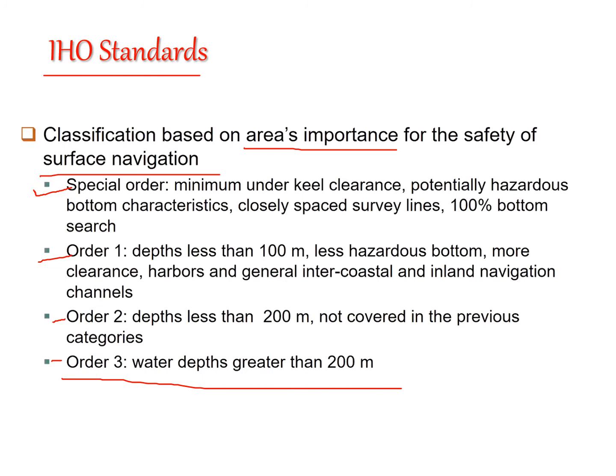Order 2 is depth less than 200 meters, without specific categories. Order 1 is depth less than 100 meters, with less hazardous bottom and more clearance, for harbors and general intercoastal and inland navigation channels. Order 1 is where this kind of activity takes place.